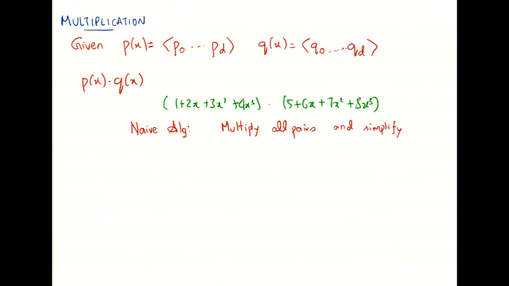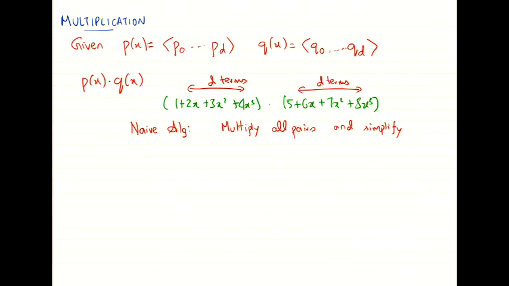Right, so in this case, if you have a degree d polynomial p, you have d terms and you have d terms here, right? If you multiply them out, if you multiply every pair out, you get d squared terms, and then you simplify them, you add them up, you'll end up with a degree 2d polynomial.